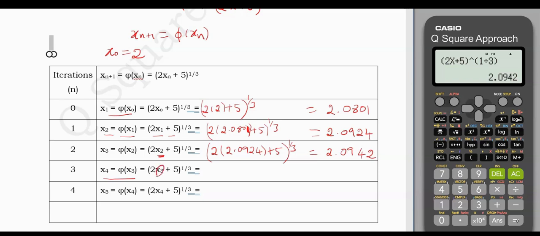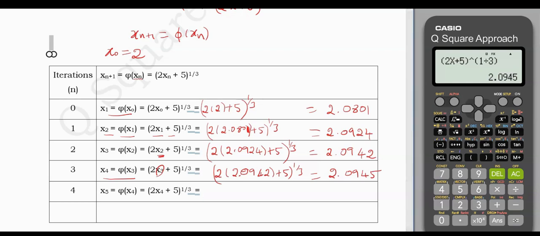In the fourth approximation, x4 is equal to phi of x3, and we are replacing x3 by 2.0942. So (2 into 2.0942 plus 5) whole power 1 by 3 is equal to, from the calculator give x is equal to 2.0942, is 2.0945.